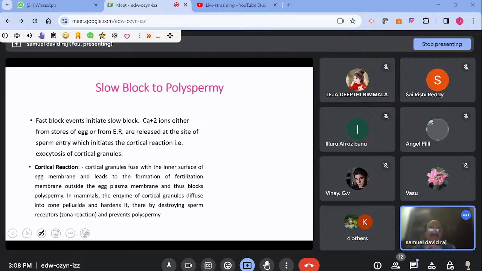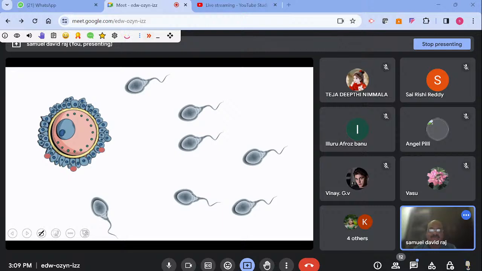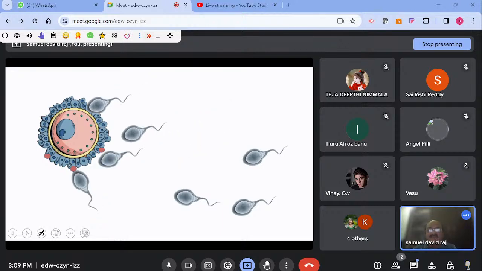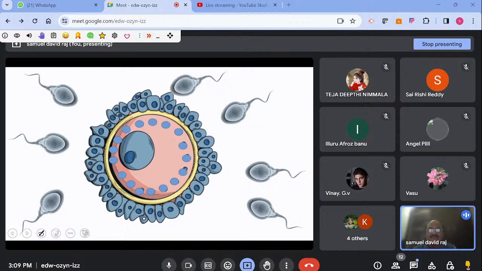So, polyspermy is prevented by fast block, which causes depolarization due to sodium influx, and slow block, which is caused by calcium influx leading to cortical reaction, followed by the formation of fertilization membrane by the fusion of cortical granules, which prevents polyspermy. So, the sperms come in contact with the egg.